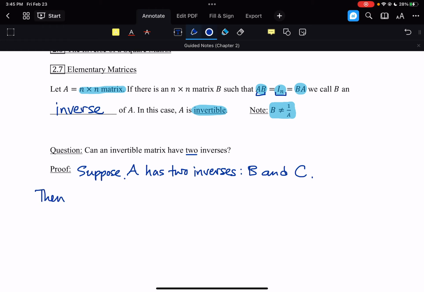Then, if A and B are inverses, A times B must be equal to the identity matrix, which is equal to B times A. And since A and C are inverses, they multiply to the identity matrix in both directions as well.